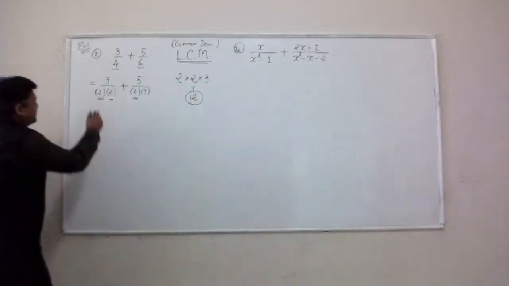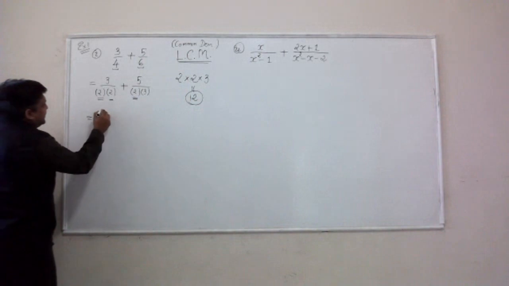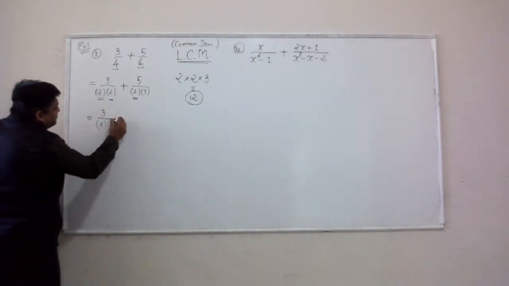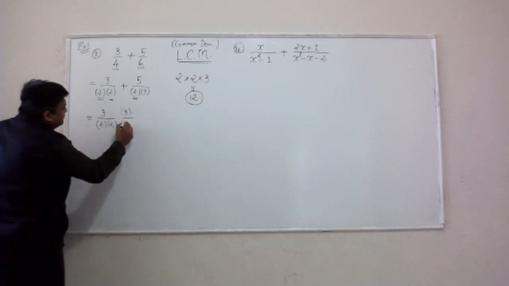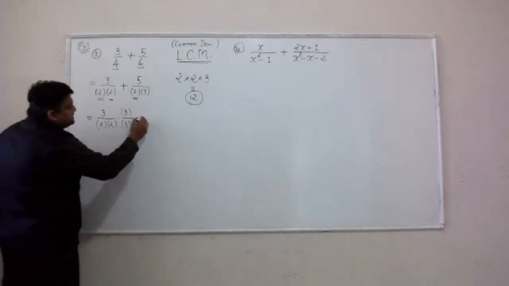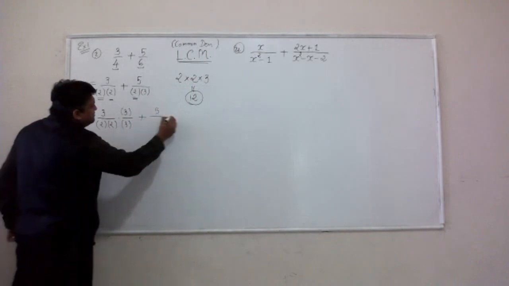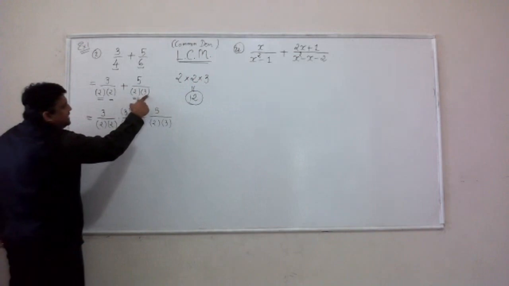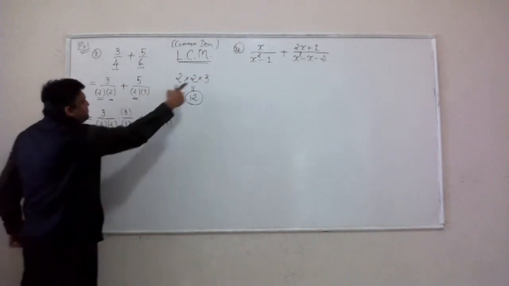In order to do that, I'm going to multiply and divide the first term by that missing factor 3. Right? I want 2 times 2 times 3 in both denominators. In the second term, I have 2 and 3 visible in the bottom.